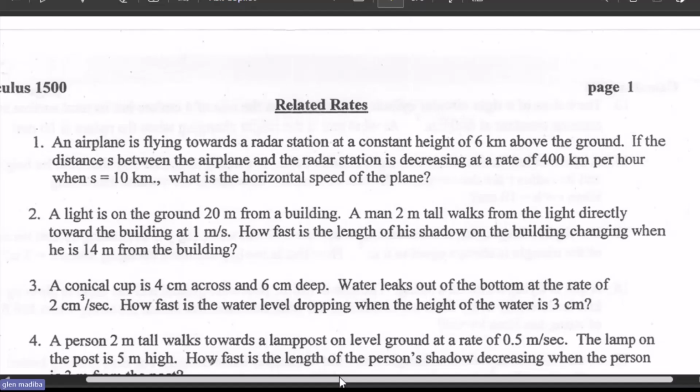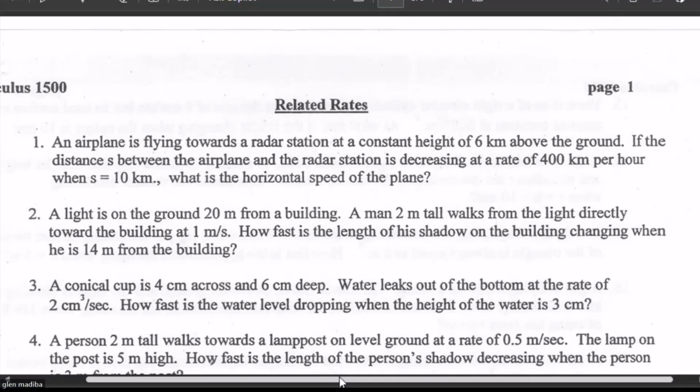From the next line, we are able to tell that y is equal to 6, and this plane is coming down to land. Next line, if the distance s between the airplane and the radar station is decreasing at a rate of 400 kilometers per hour. All right.